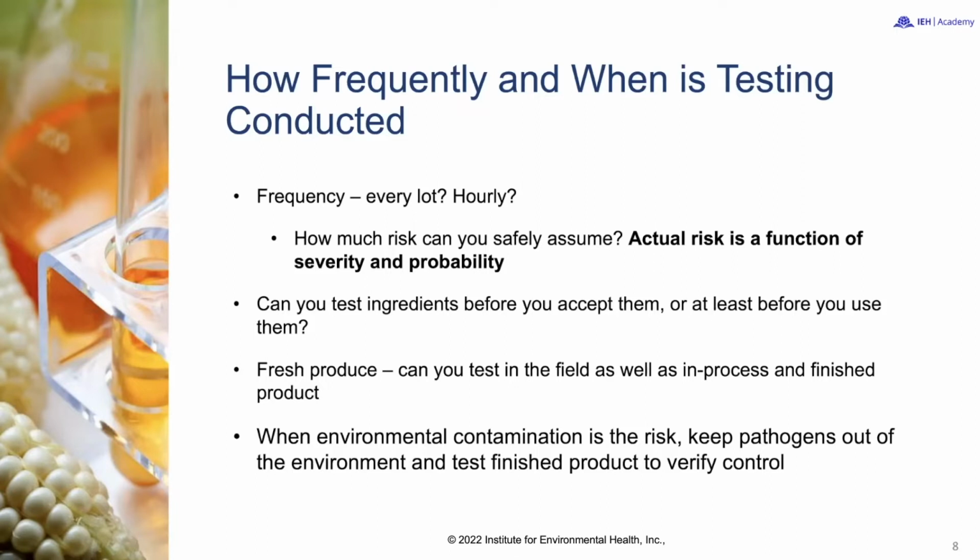And, for example, with fresh produce, studies have been done that show you can significantly reduce risk if you test in the field before harvest, as well as in process and finished product. You can achieve better than a 10-fold reduction in the risk of shipping a contaminated product if you follow a protocol like that. And one of the reasons, of course, is contamination can occur in the field.